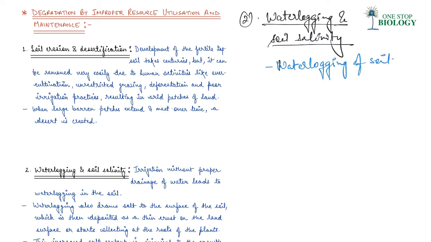Besides affecting the crops, this water logging draws salt to the surface of the soil. So because of this logged water, the salt is drawn towards the surface, and then that salt is deposited as a thin crust.